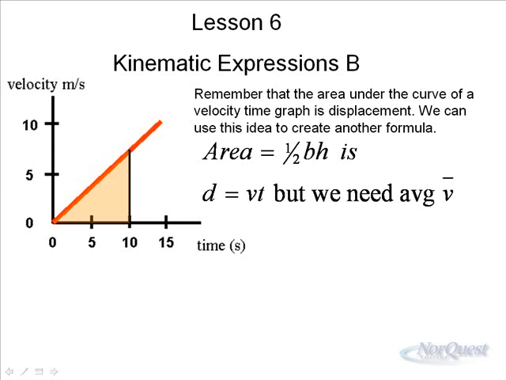So since d is equal to vt, we want to find the distance. We need the average velocity, and what happens here is when you want the average of two things and one of them is 0, for example, your average age. If you're 25 years old, or let's make it easy, 24, what's your average age?